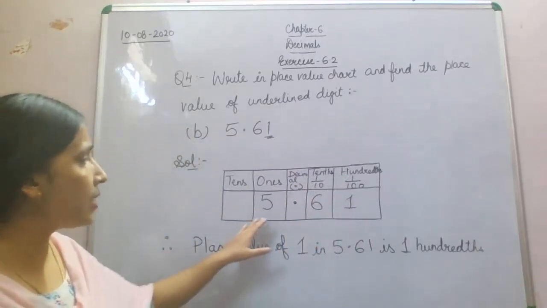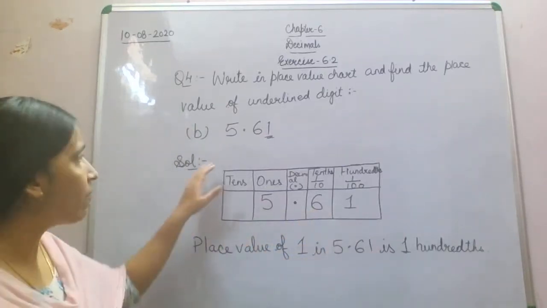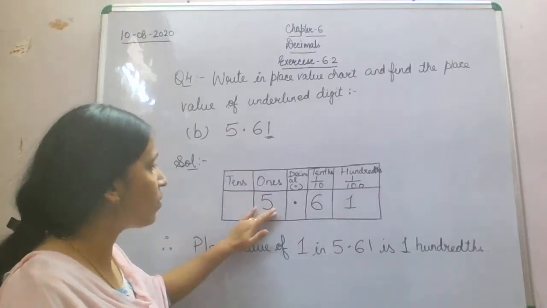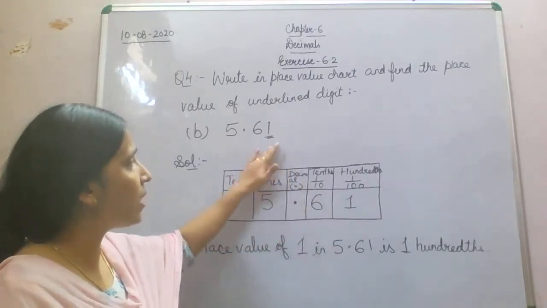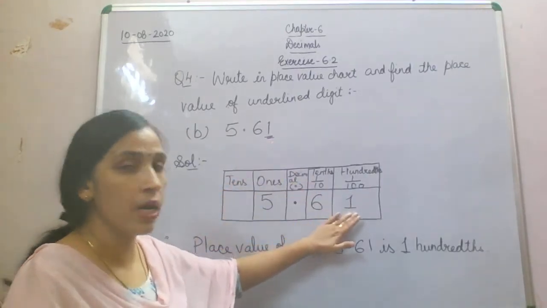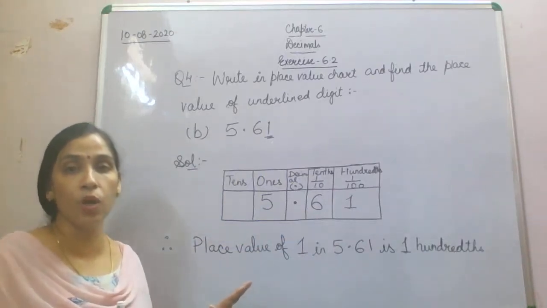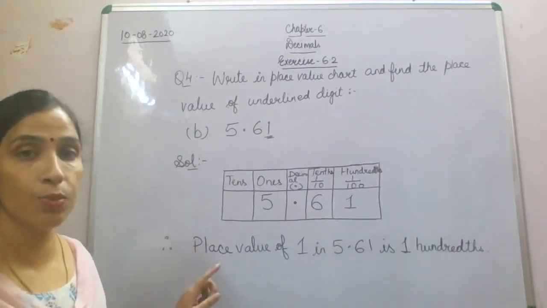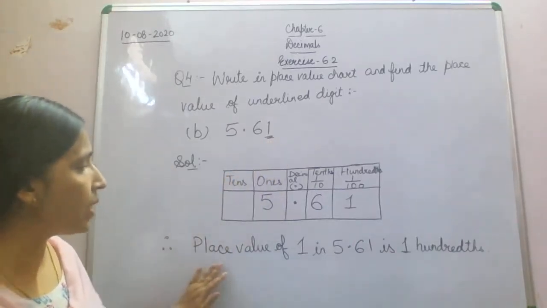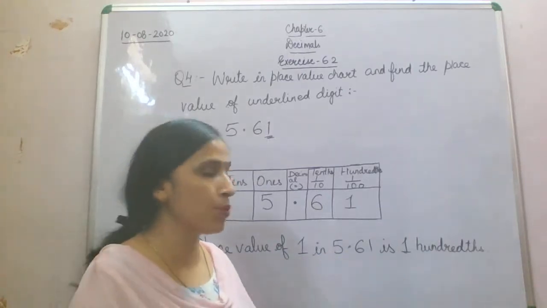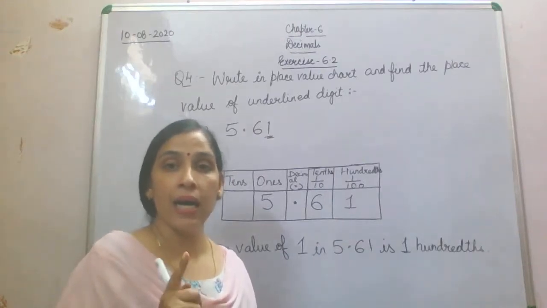After that, you write down the given number, 5.61. 5 is your ones place, 6 is on tenths place, 1 is on hundredths place. After that, you find the place value of the underlined digit. Here 1 is the underlined digit, so the place value of 1 in 5.61 is 1/100th.